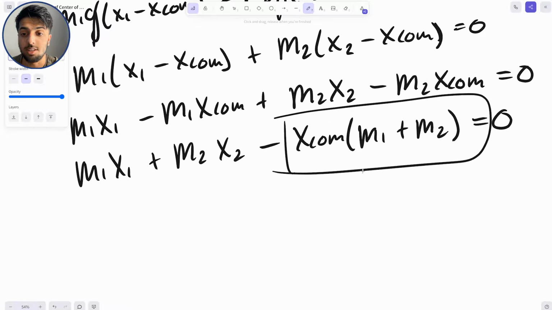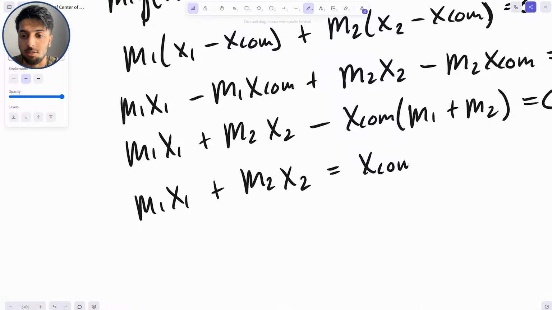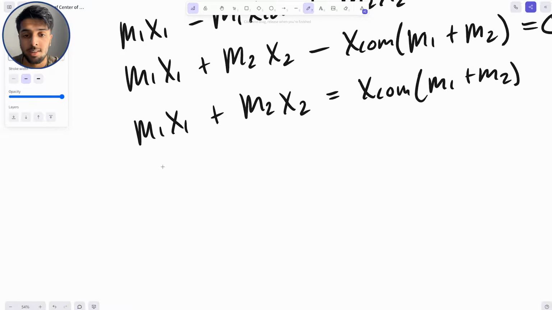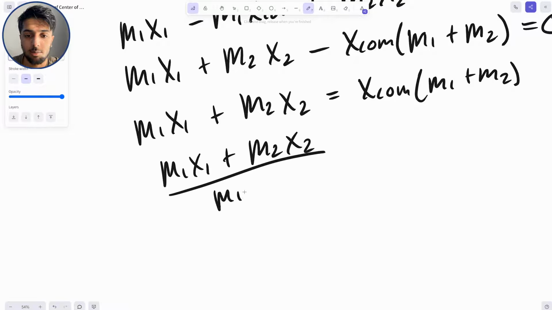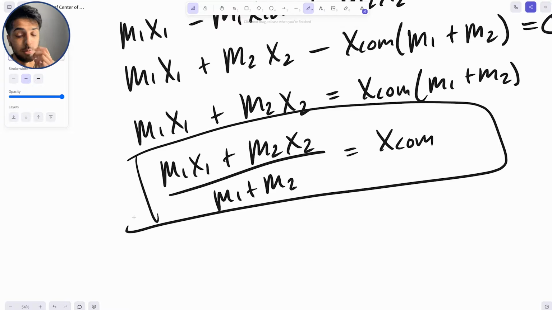Now we can move this onto this side, and we get m1 x1 plus m2 x2 is equal to x center of mass times (m1 plus m2). Now we can divide both sides by m1 plus m2, and we get m1 x1 plus m2 x2, all over m1 plus m2, and that's equal to the center of mass. And as you can see, that is the formula that we're familiar with.